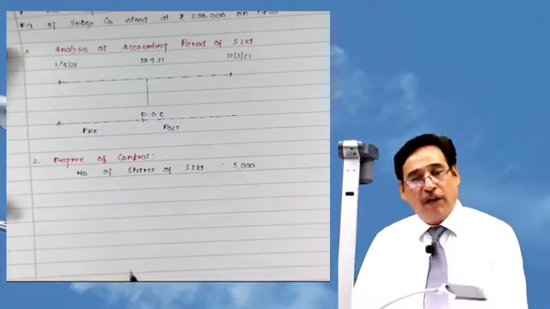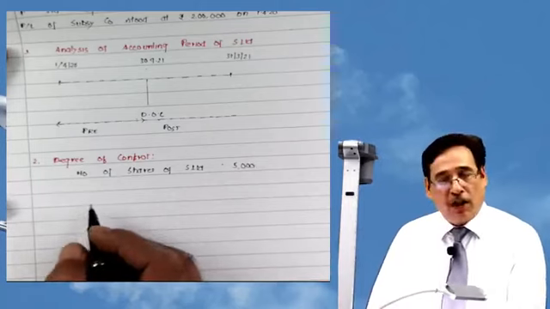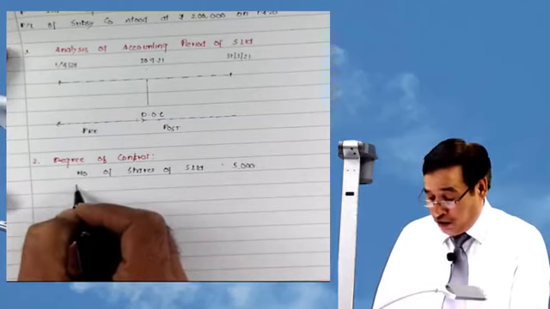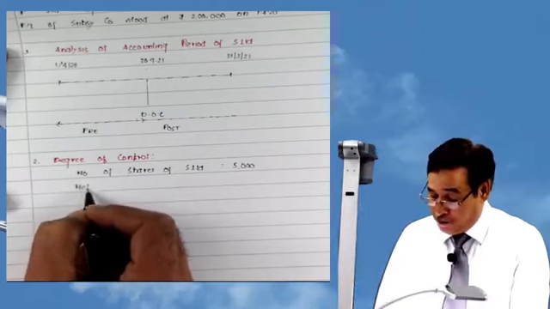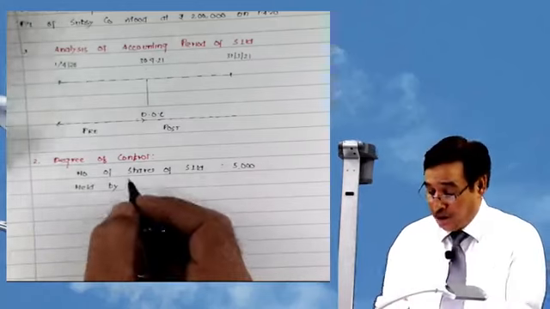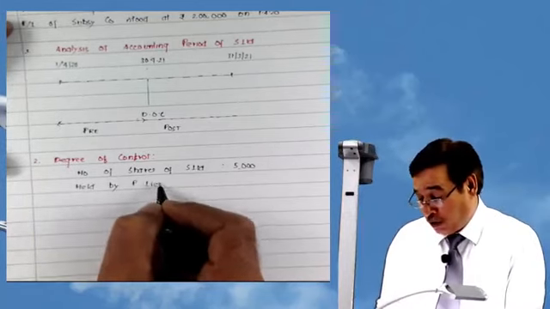Out of this 5,000, we know that P Limited has invested in 3,000 shares. So out of 5,000 shares of S Limited, P Limited holds 3,000 shares.